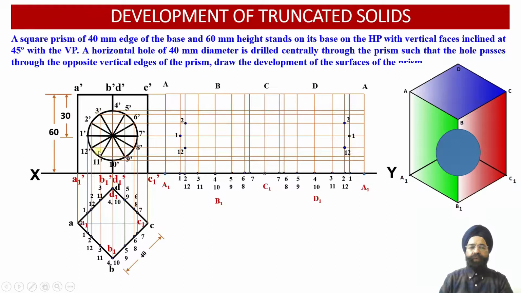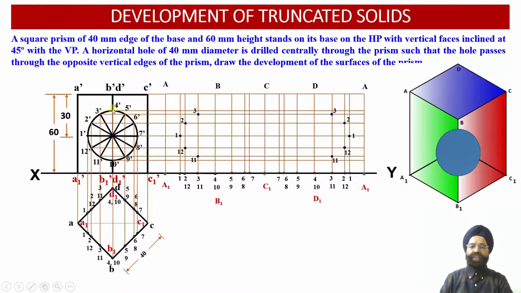Once we draw horizontal projectors through the points 3 dash and 11 dash, wherever these 2 horizontal projectors intersect with vertical projectors 3 and 11 in the front face and 3 and 11 on the rear face, the 4 points of intersection, 2 on the front face corresponding to 3 and 11, 2 on the rear face corresponding to 3 and 11, will be evaluated.